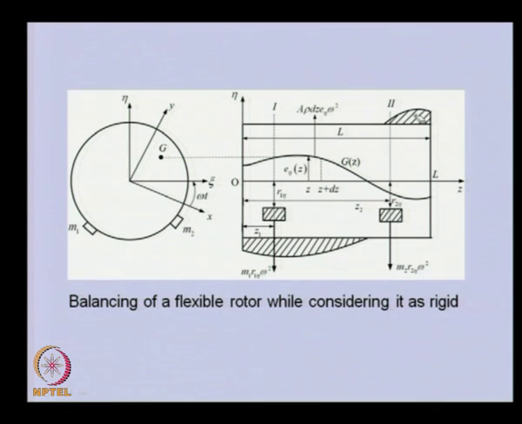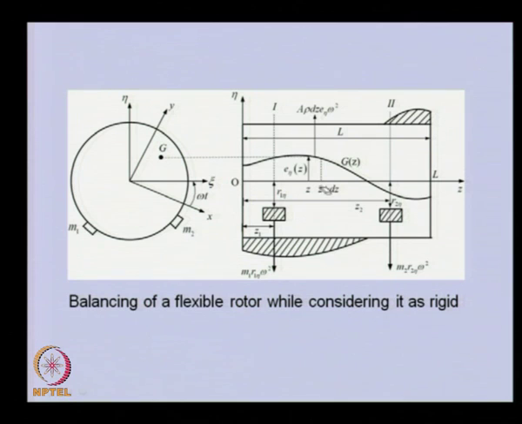This hatched line is basically the shape similar to the eccentricity, but opposite. So if we can put some kind of continuously varying correction mass like this, then we can balance this rotor for each and every slice of the rotor.